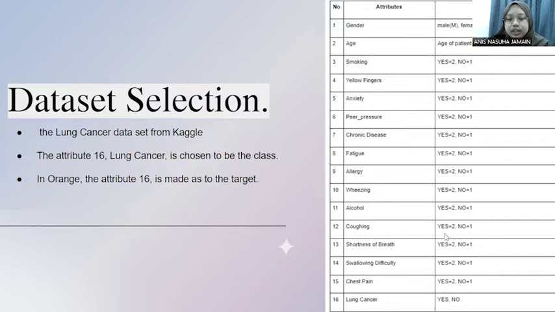So the attribute number 16, lung cancer, is chosen to be the class. So in Orange, the attribute 16, lung cancer, is made as the target.